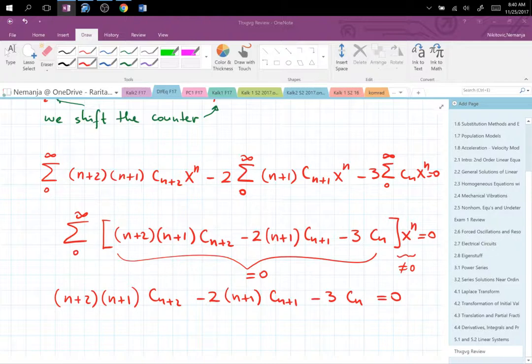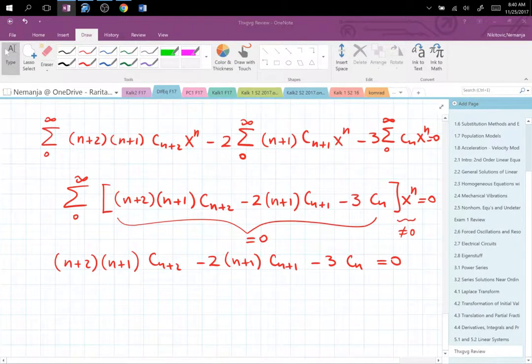And at this point, we can start calculating stuff, right? We start with n equals 0. So the first one is n equals 0.